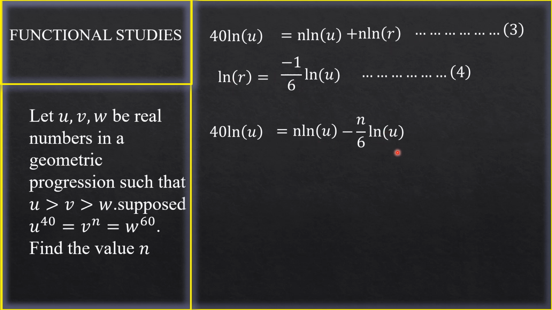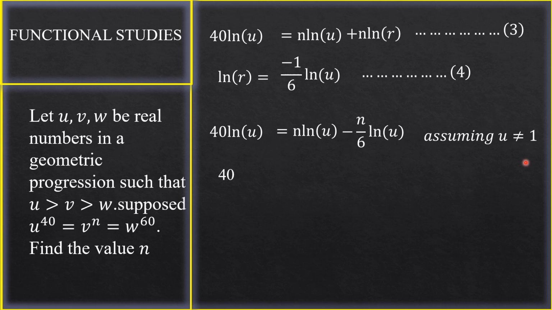So we notice here that natural log of U is common throughout. So for this N to exist, clearly natural log of U should not be equal to 0, and that can only happen when U is not equal to 1. If U is equal to 1, everything will be 0. So in that case, we suppose that U is different to 1 so that N will exist.